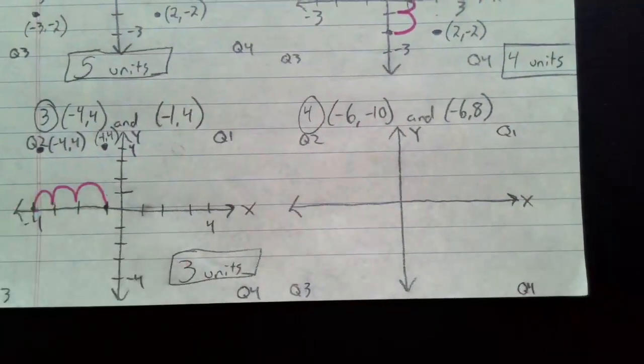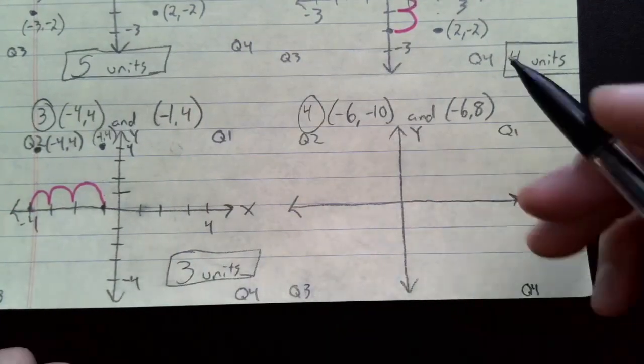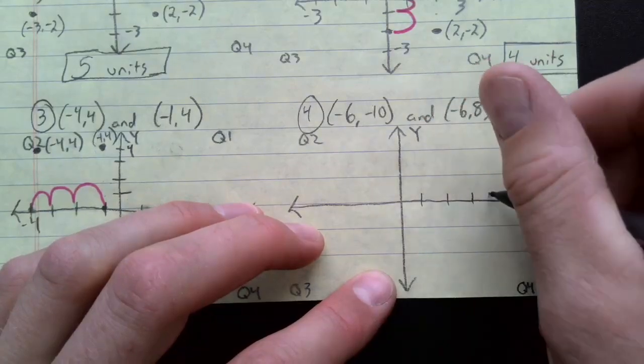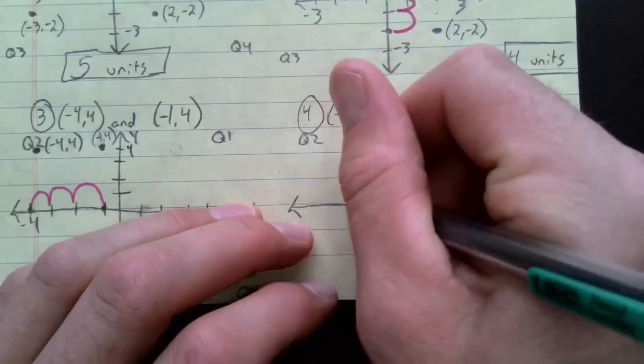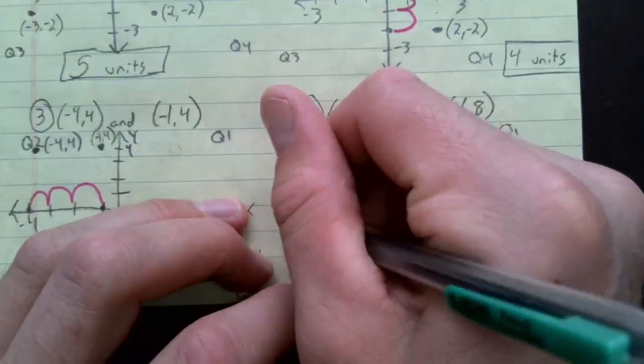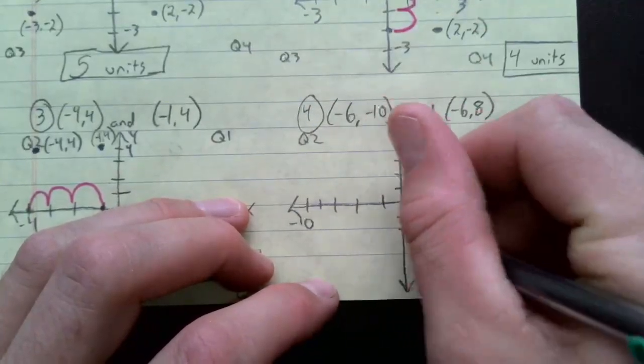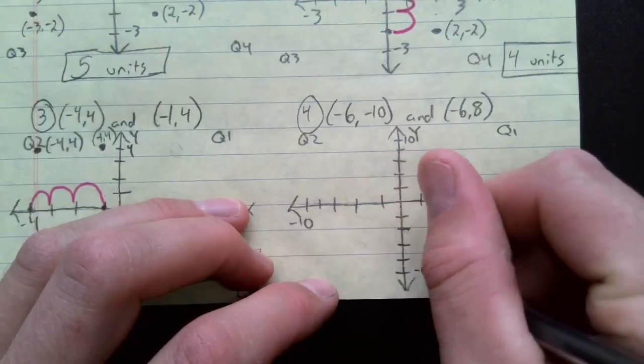All right, so now we're going up to a negative 10, positive 8, so we'll just go up by 2s. 2, 4, 6, 8, 10. Negative 2, 4, 6, 8, negative 10.